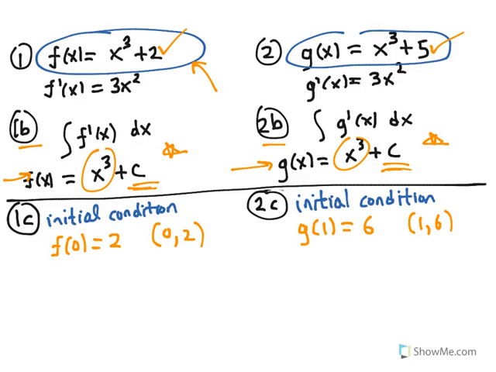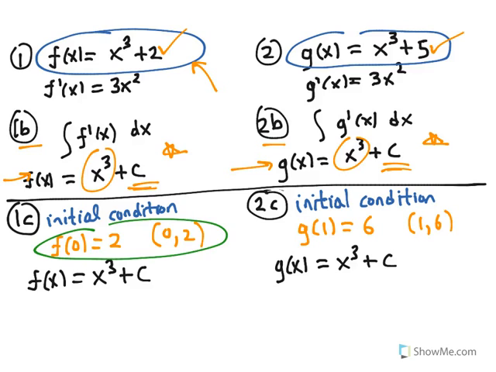So I take my result from 1b, I get f of x is equal to x cubed plus c. I take my result from 2b. I had g of x is equal to x cubed plus c. And to find what c should be, I will use the initial conditions for each problem.